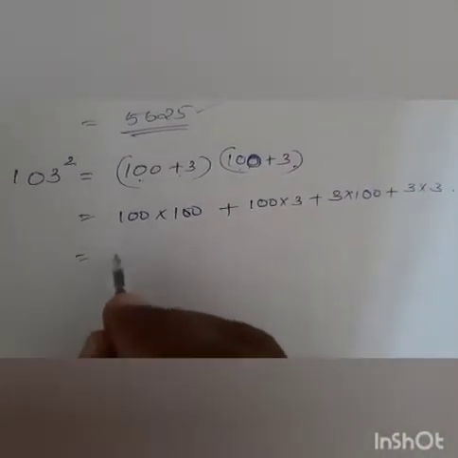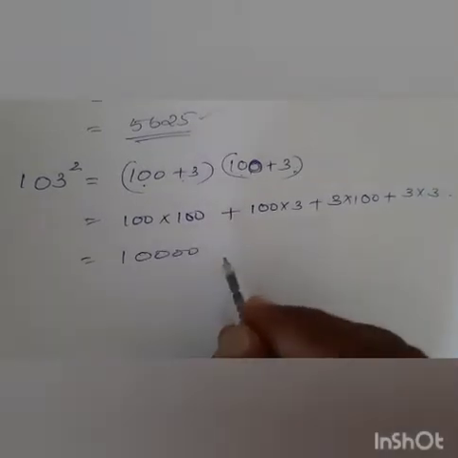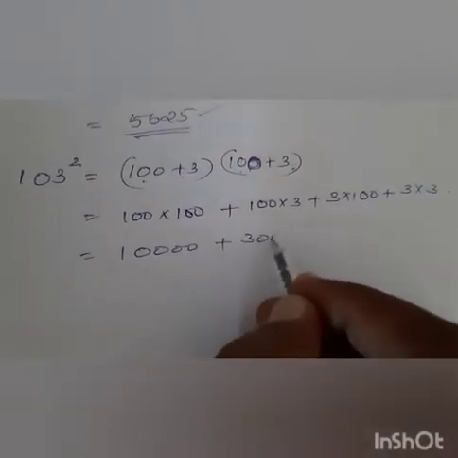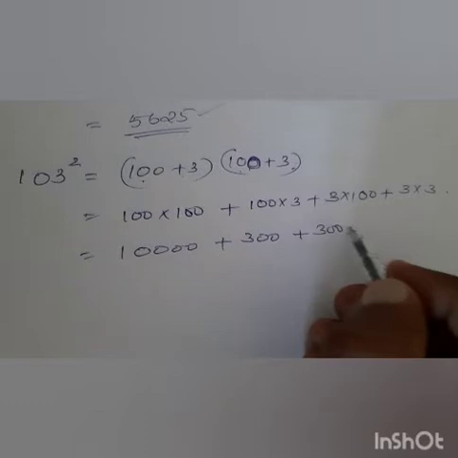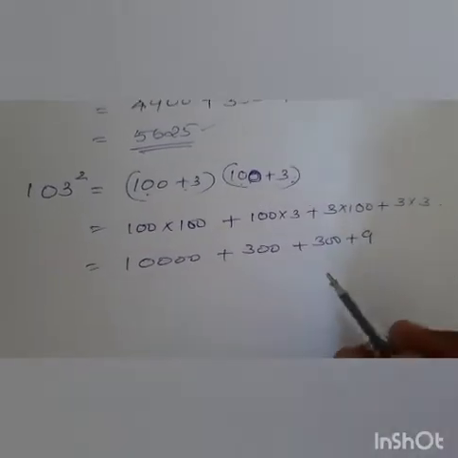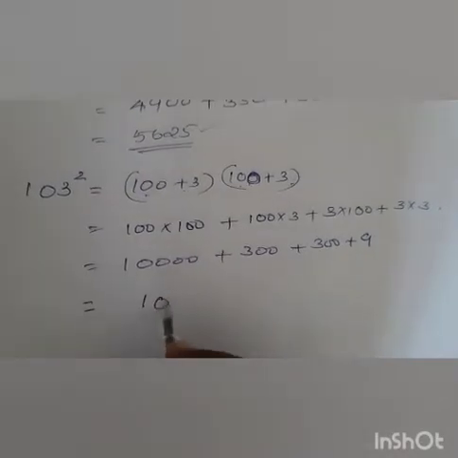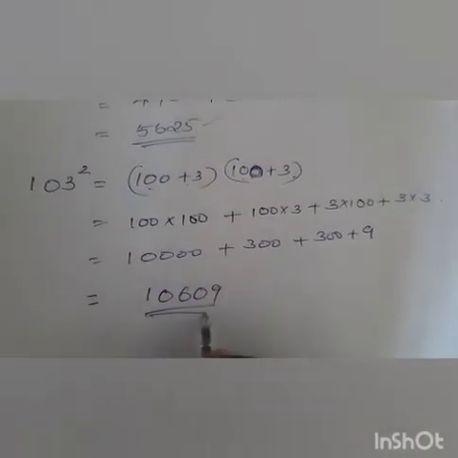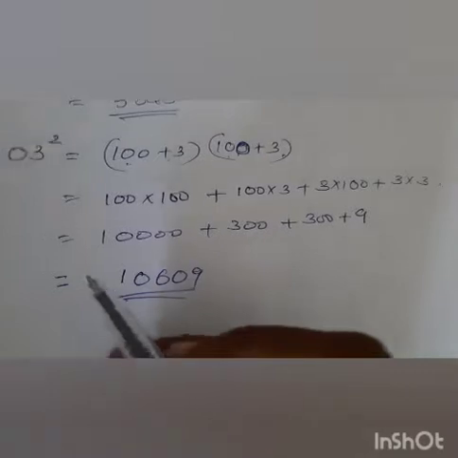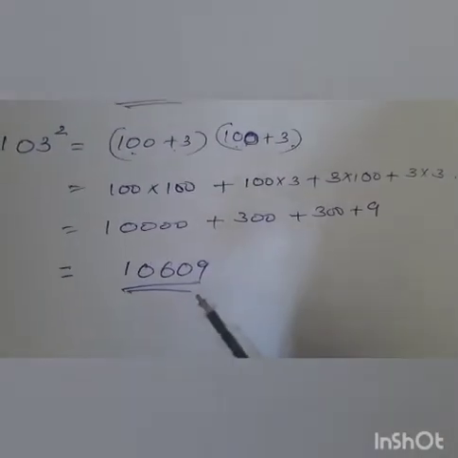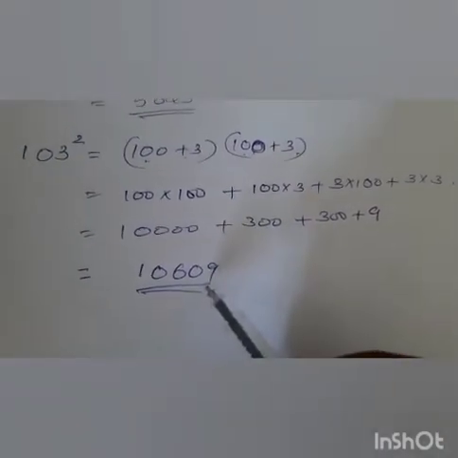This is how much? 1 followed by 4 zeros plus 300 plus 300 plus 3 into 3, 9. So you are getting the answer as 10609. That is the value of 103 square. 10609.